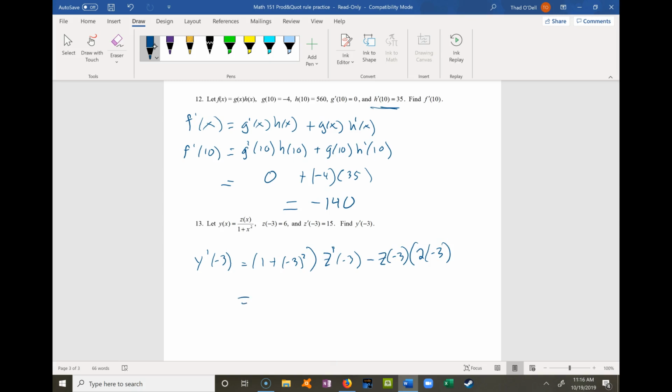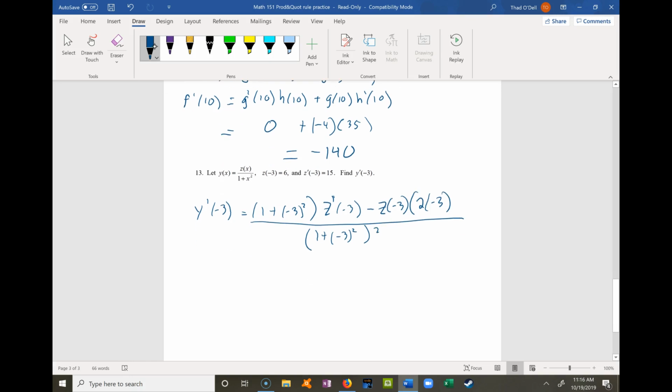So what's that going to be? That's going to be 3 squared is 9, that'd be 10. Oh, whoops, I forgot the bottom. Oh, that was embarrassing. So on the bottom, I'm going to have 1 plus negative 3 squared, the whole thing squared.